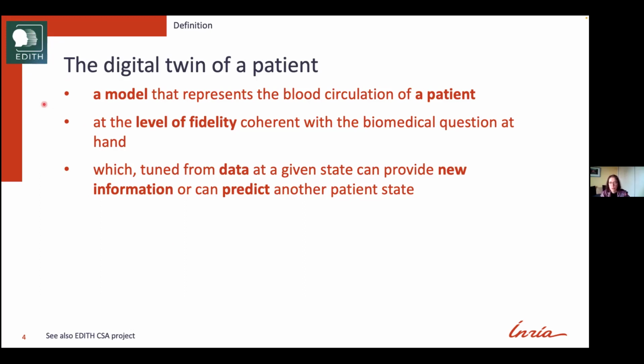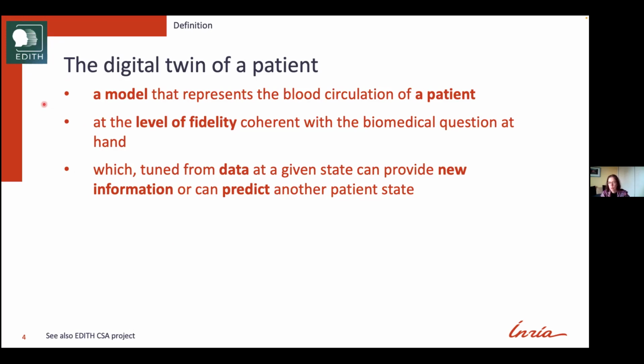So the digital twin of a patient is a model that represents, so here, the blood circulation of a patient, and that is at a level of fidelity that is, as I showed, coherent with the biomedical question at hand, and which is tuned from data.